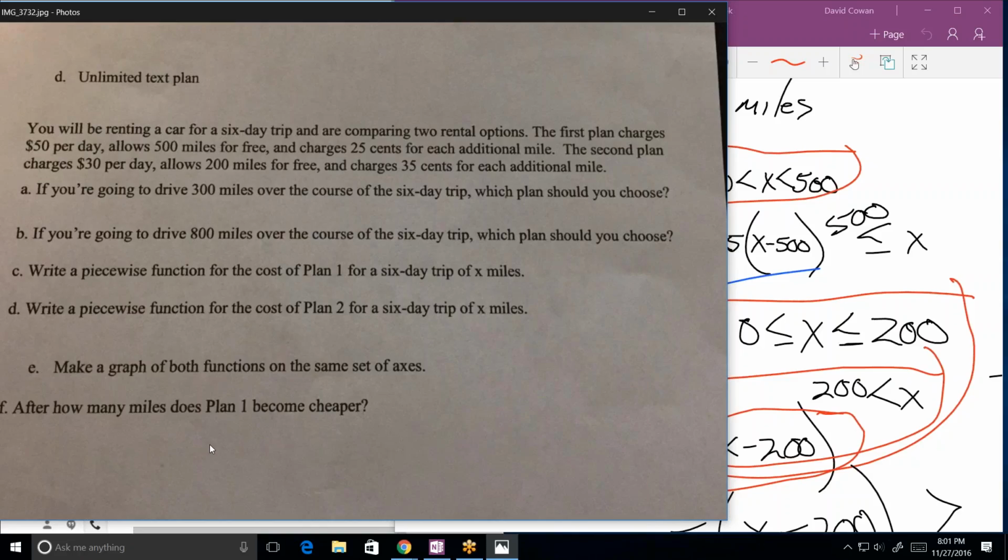So plan 1 is cheaper somewhere between 200 and 500 miles.